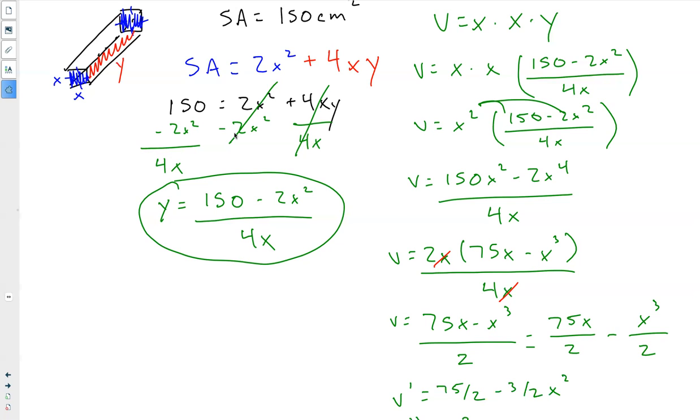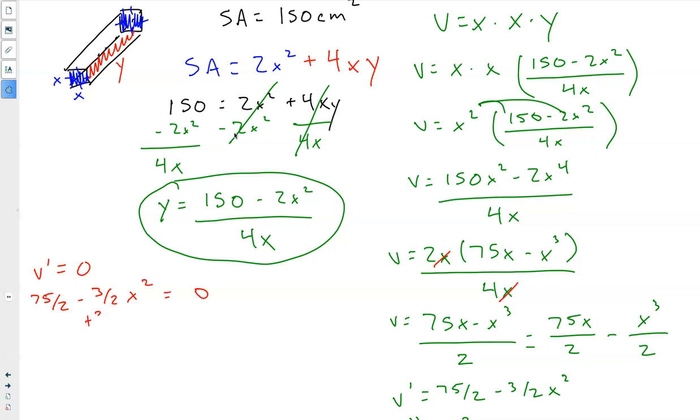Okay, so now let's go and find our critical values or our max min. This is where our V prime is equal to 0. So 75 over 2 minus 3 over 2 x squared is equal to 0.